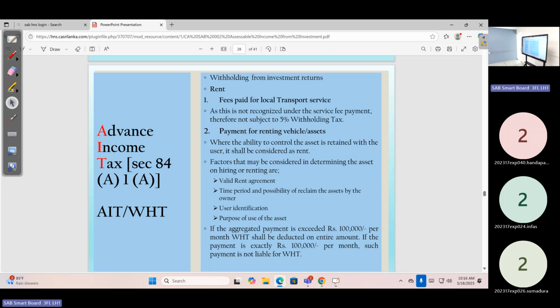Use identification, purpose of the use of the asset. If the aggregate payment exceeds 100,000 per month, tax shall be deducted on the entire amount. If the payment is exactly 100,000 per month, it is not liable for withholding. That's the guideline given by the Commissioner General.